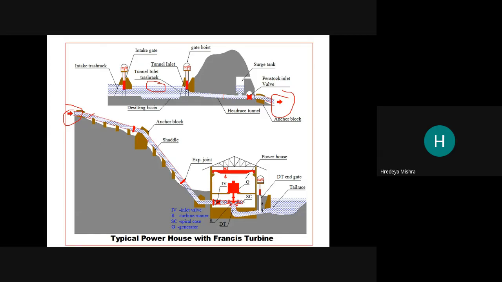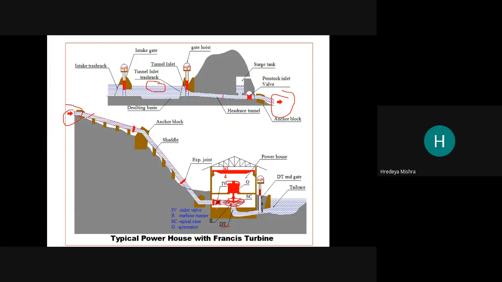Okay, now this pipe comes here, and there is the joint. And here is our generator, and here our turbine is. See, DT. So the penstock water is supplied to the turbine to rotate the turbine.